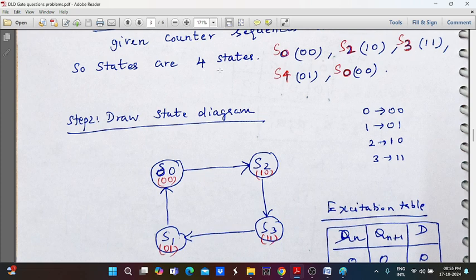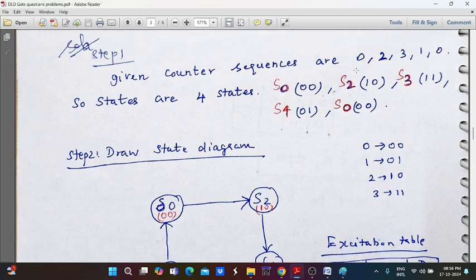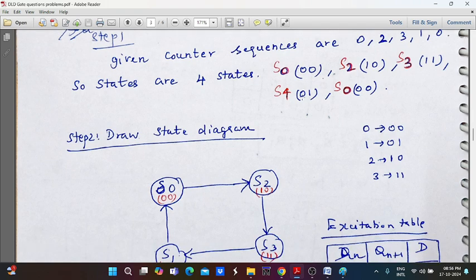Totally we have 4 states, and the corresponding state values can be assigned in terms of 2 bits, that is 00, 01, 10, 11. For state 0, the corresponding 2-bit value is 00. For 2, it is 10; for 3, it is 11; and for 1, it is 01.